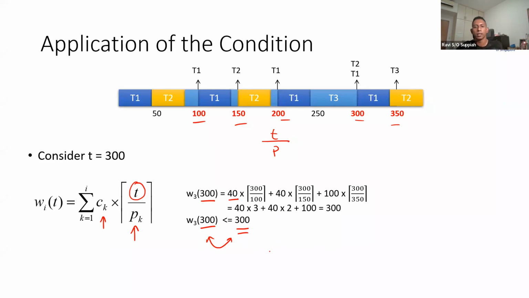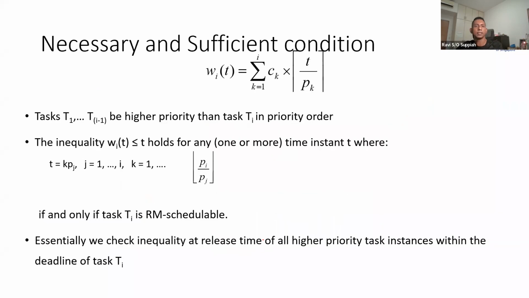So that is what this analysis does, taking the necessary and sufficient condition at the same time. That means if I'm able to find a time where this condition is fulfilled, then I can say that the task set is schedulable.